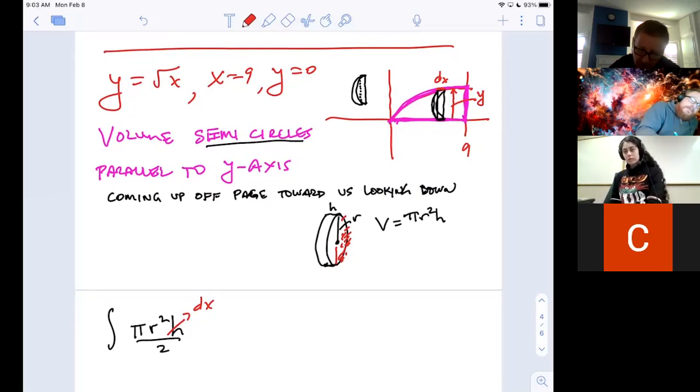So this r is the y value of the square root function divided by 2. Because this time it went, and this is the example I should have started with in a sense, it went all the way down to the x-axis.